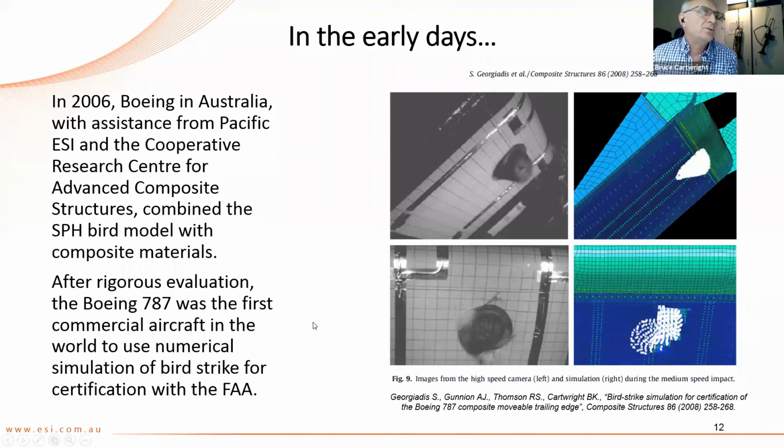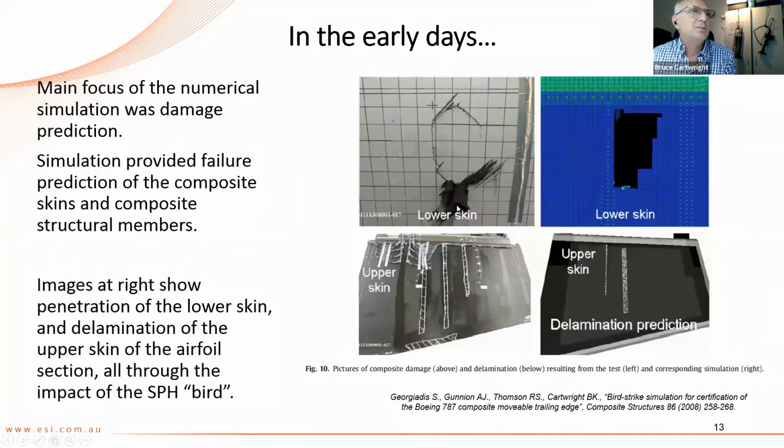And through one full-size scale test article like this, as we see here on the right, they were able to satisfy the FAA in the United States that the numerical process was adequate for modeling bird strike. And the Boeing 787 was the first commercial aircraft in the world to use numerical simulation of bird strike for certification. So these are some of the results.